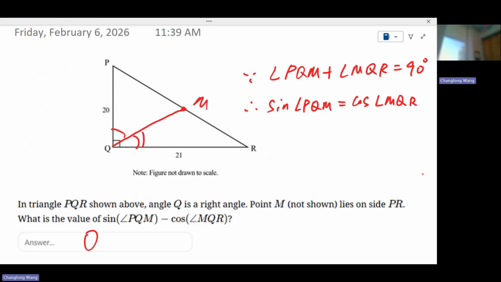Sine of negative 10 degrees. Is that true? Is sine of negative 10 equal to cosine of 100? In what way? They add to be 90.